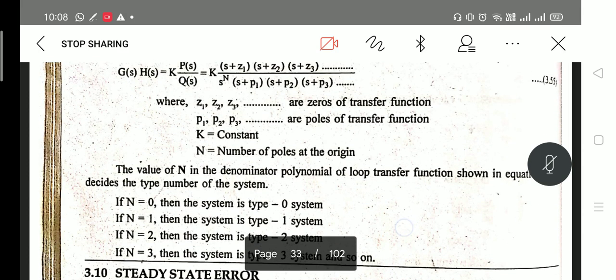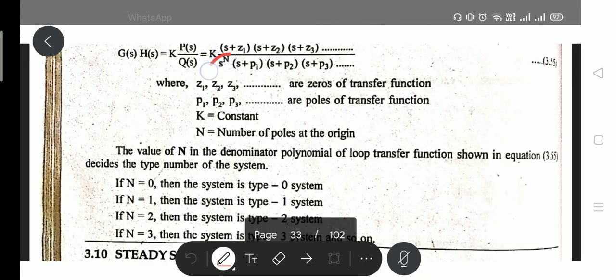Here is s power n. In this place, if n is equal to 0, then that system is called a type 0 system.